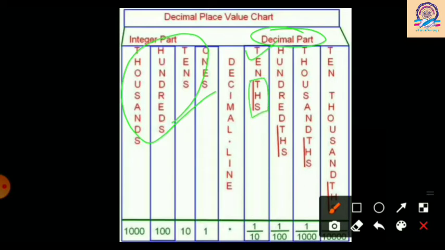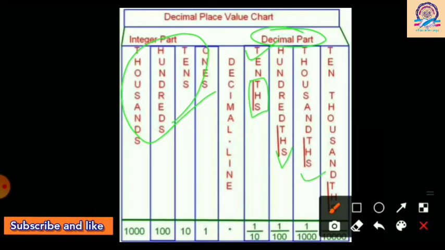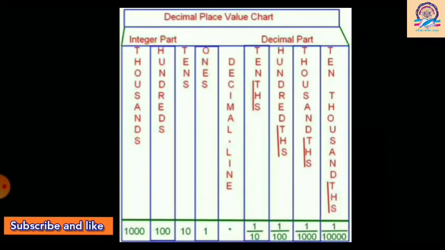Then next is hundredths, next is thousandths, and the next one is ten-thousandths. Then another column will be hundred-thousandths. Then next will be millionths. These are different from the integer part. Here the names look the same, but they are different.